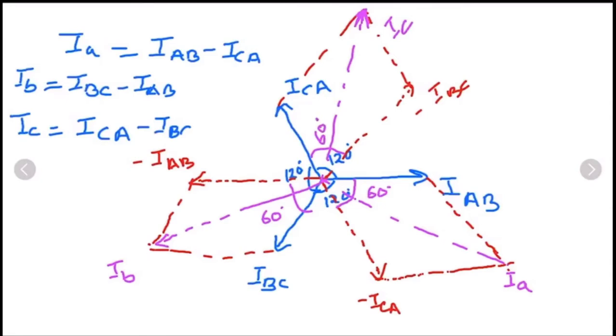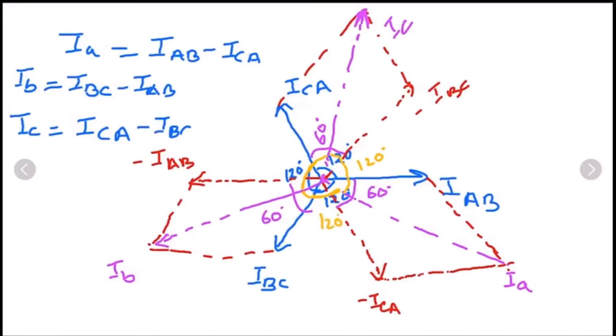To identify these currents, that is IA, IB and IC, we can easily find out whether we have drawn the right diagram or not. We should have approximately the same phase difference between all three currents. It should be 120, so it is almost 120.